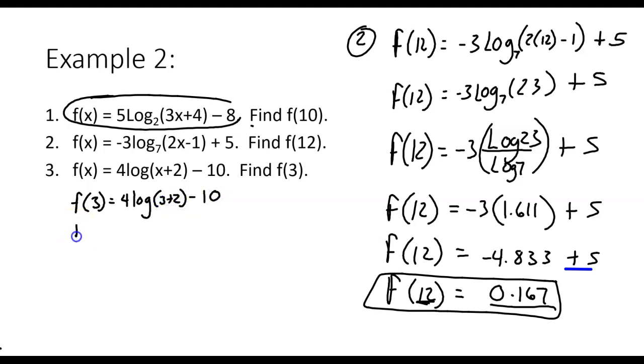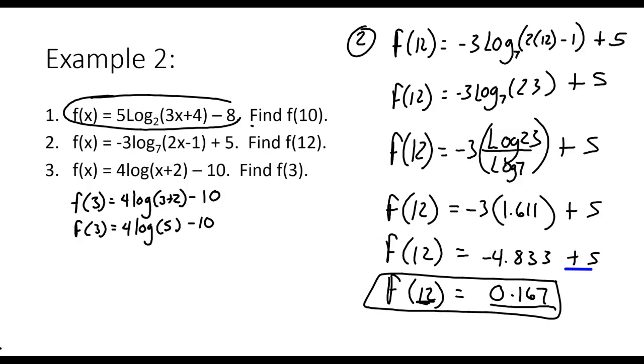We're going to simplify inside of the parentheses. You guys see what's different about this one? There's no number on the bottom of the log, which means that it's what base? So do I need to use change of base? No, we could just do log 5.